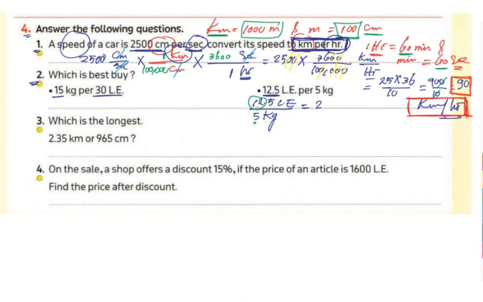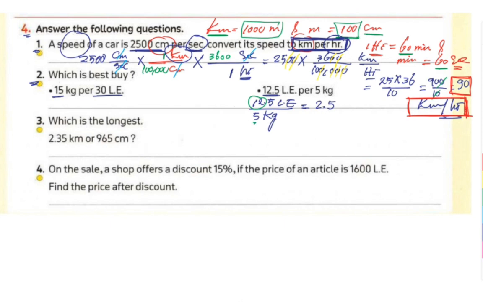Subtract it from 12, you have 2. 2.5, don't forget the point. 2 beside 5, 25 divided by 5, that's 5. So the result is 2.5.